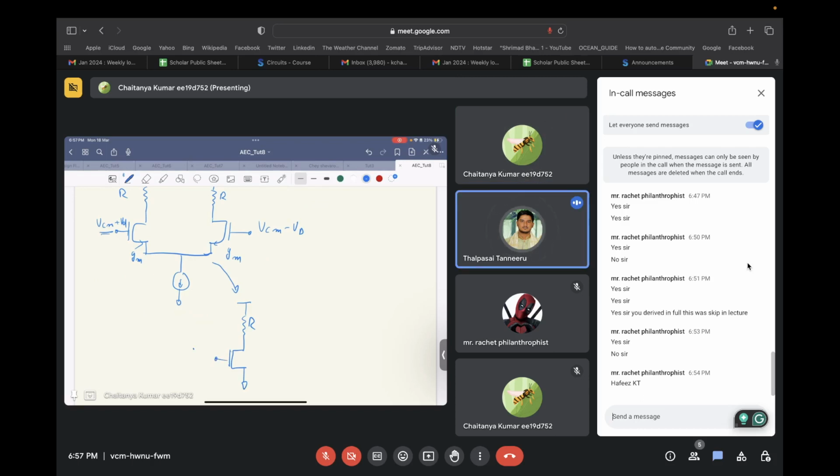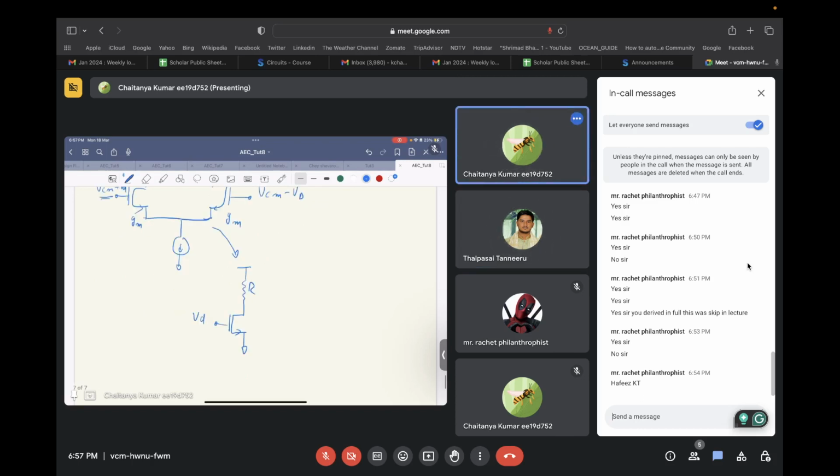You have VD over here, so what is VD plus some VCM? Let's say this output voltage is VCM out. What if there is an incremental voltage of VD over here? What will be the incremental voltage at the output?